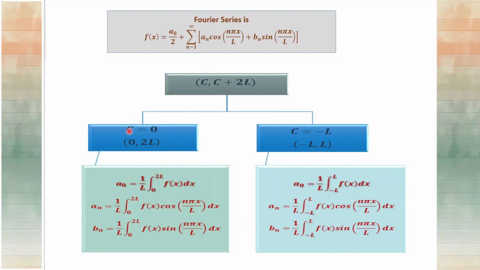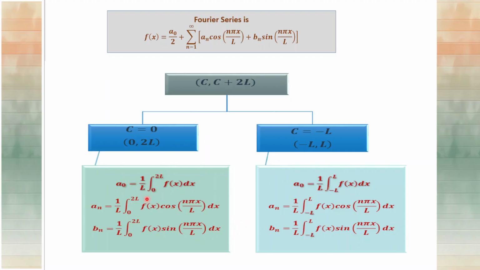When we put c equal to 0, the interval becomes 0 comma 0 plus 2L, that is nothing but 0 to 2L. The Fourier series formula is the same for both of these intervals. Only there is a slight change in the formulae of a0, an and bn. Just the interval will get changed.